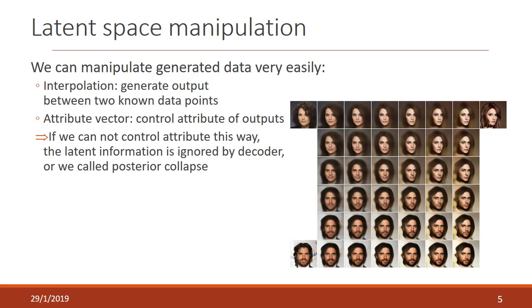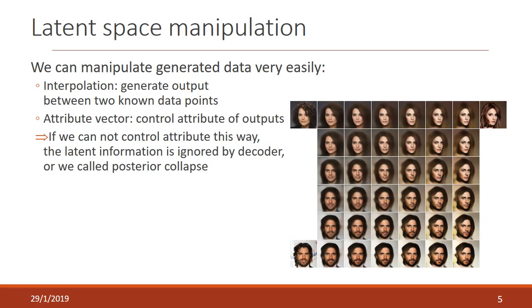By averaging all the latent vectors of data that have an attribute, for example brown hair or red hair, we can get the attribute vector of brown hair or red hair. If we subtract the brown hair vector from the latent vector, then add the red hair vector, we can change the hair color of the output image.